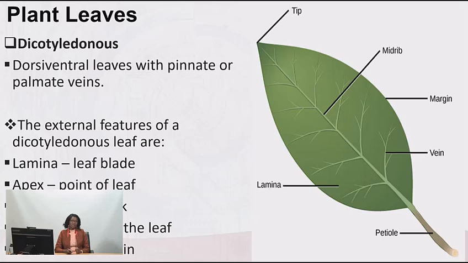The dicotyledonous leaf is dorsiventral, meaning the leaves are pinnate or have palmate veins. The external features of a dicotyledon leaf are made up of the tip at the end, the midrib, the margins, the veins, the petiole, and the lamina.